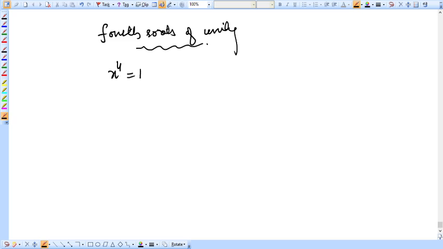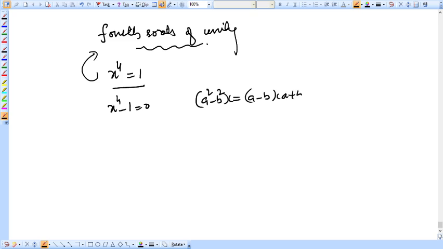All the roots of this equation are known as fourth roots of unity. This can be written as x^4 - 1 = 0. Now we know a^2 - b^2 = (a - b)(a + b).